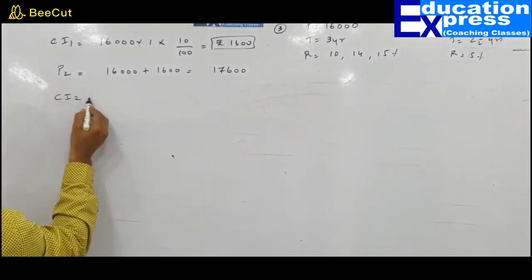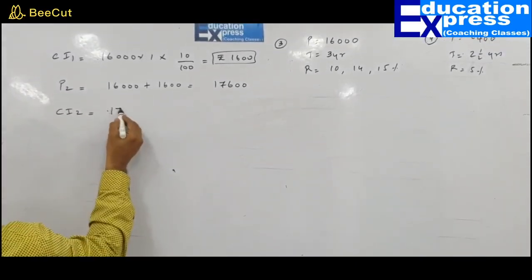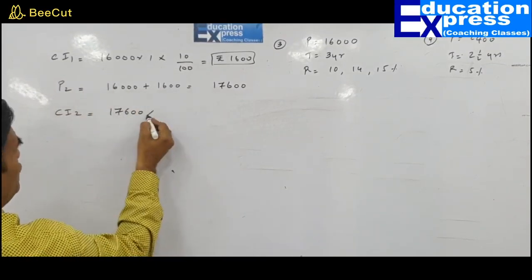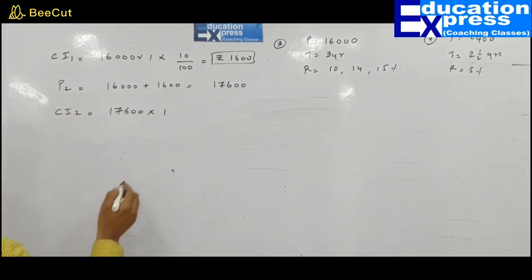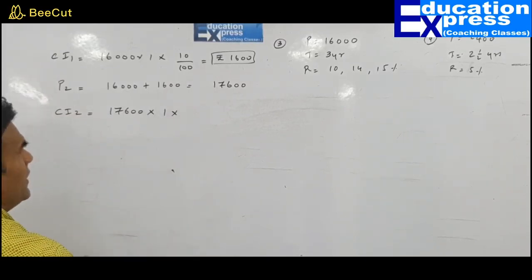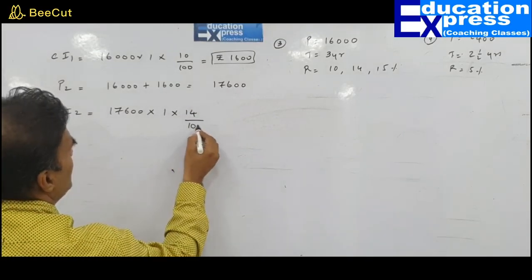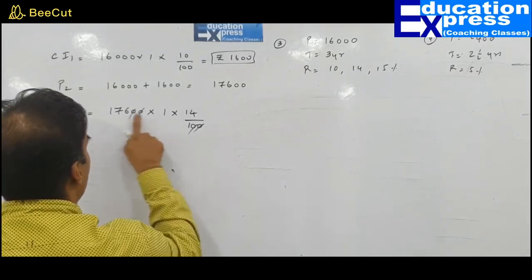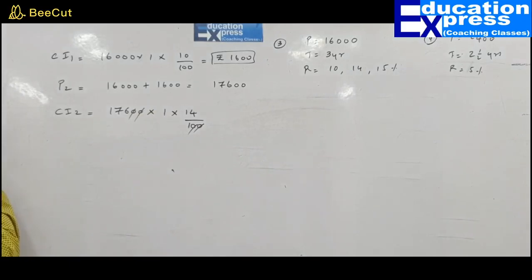Compound interest for second year would be 17,600, that is P2, into time, 1 year, 1 at a time. R is 14%. So 0 cancel 0, 0 cancel 0, 10 into this, 1760 and 17.